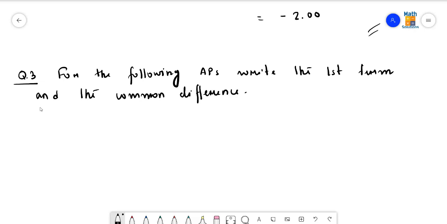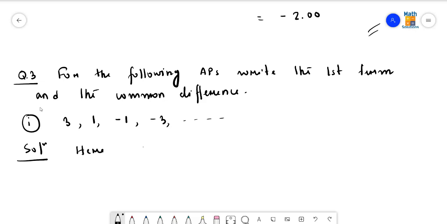So here goes the first question. Given AP is 3, 1, then after minus 1, then minus 3, and that goes on. So in the solution part, I have to write down the first term and the common difference.